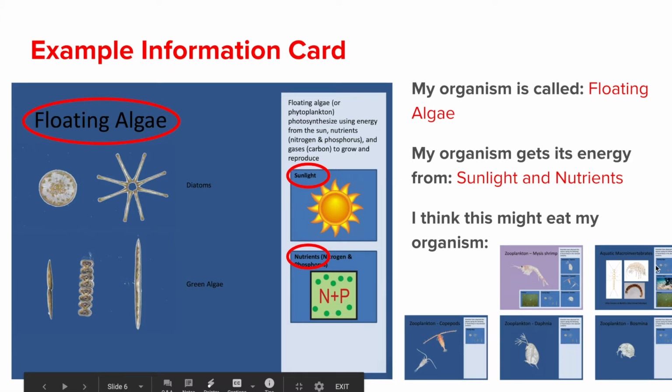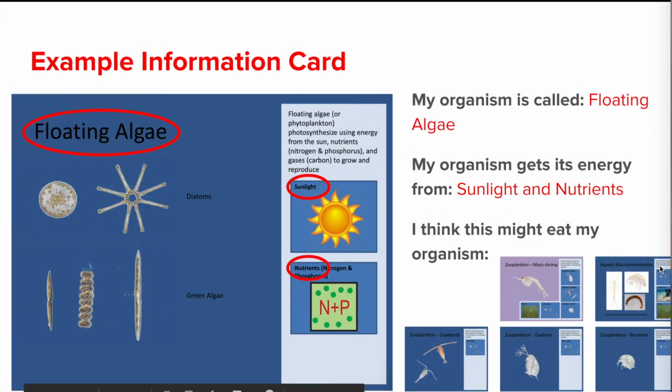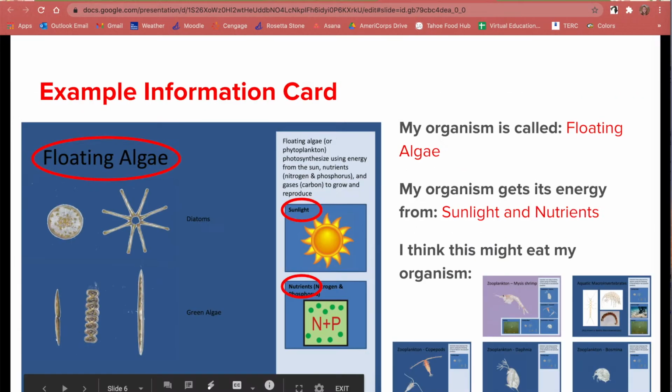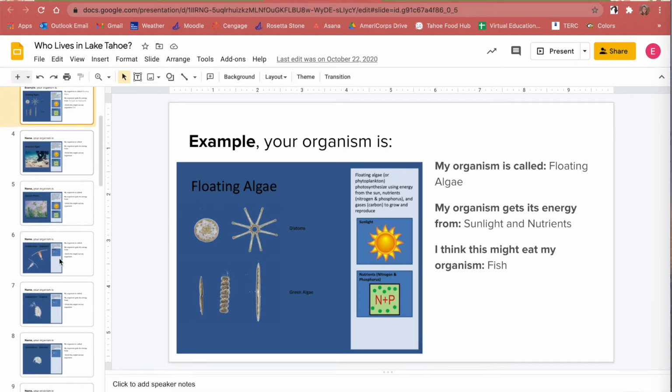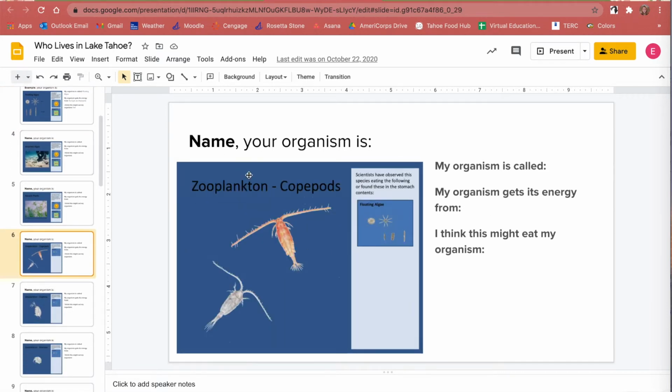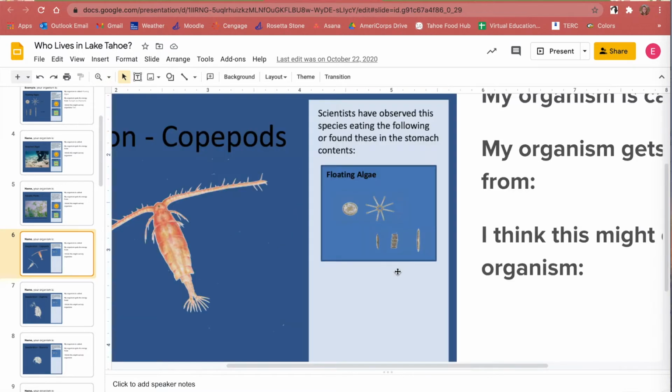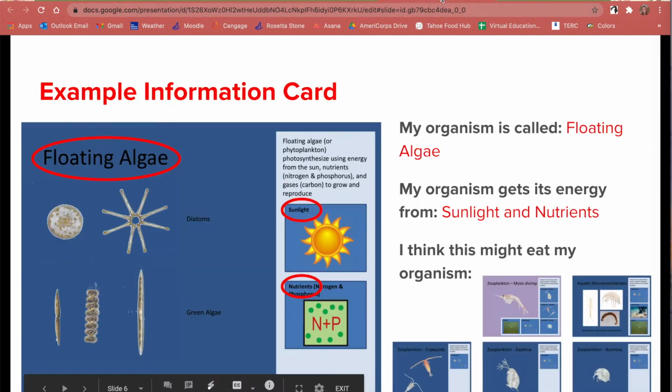So you can do some hunting through the other PowerPoint and try to find a few other organisms that eat yours. For example, the copepods: you look at its slide, and I can zoom in so you can see that it in fact eats floating algae. So that's something that might eat your organism.